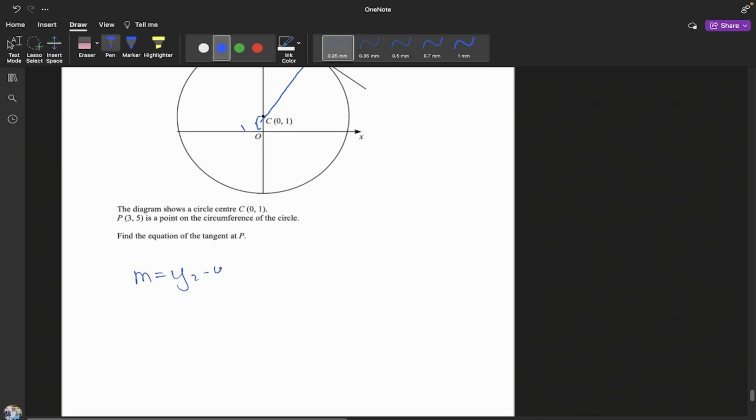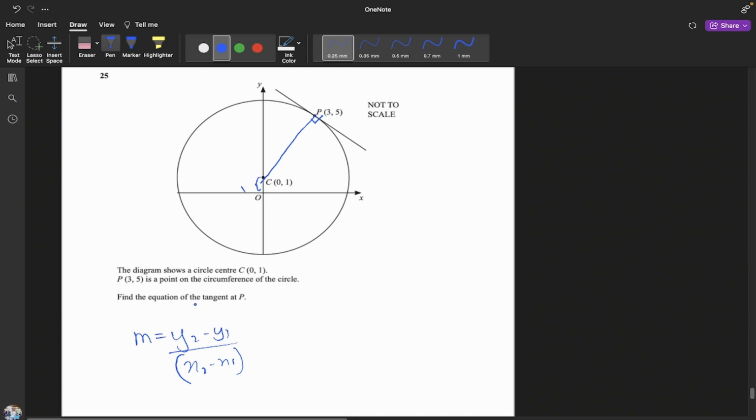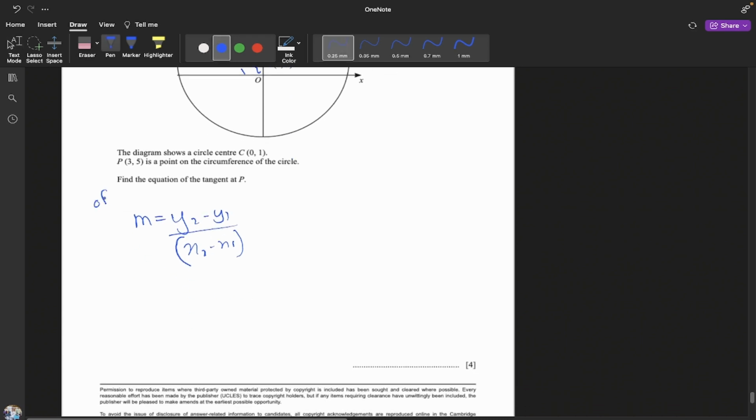Gradient is y2 minus y1 over x2 minus x1. So let's find the gradient of this radius first of all, because we have 2 points of it, 3, 5 and 0, 1. So gradient of radius.